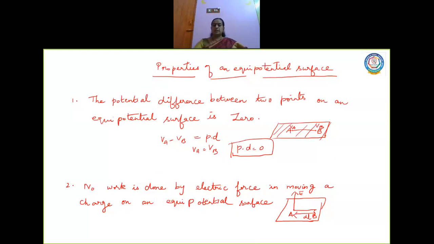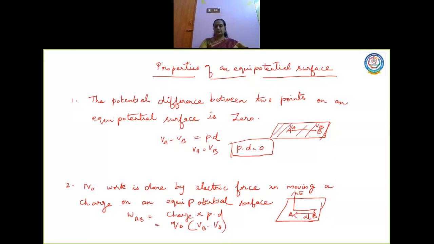So what is work done? Work done in moving point B to A is nothing but the charge present there times the potential difference. So let us consider a test charge Q naught, and the potential difference will be VB minus VA.